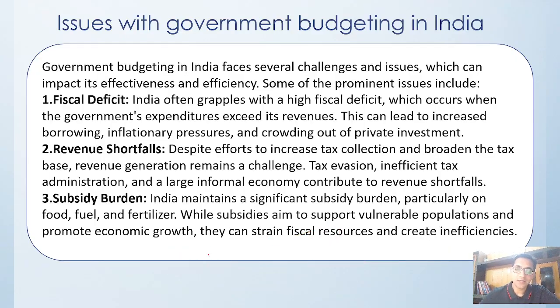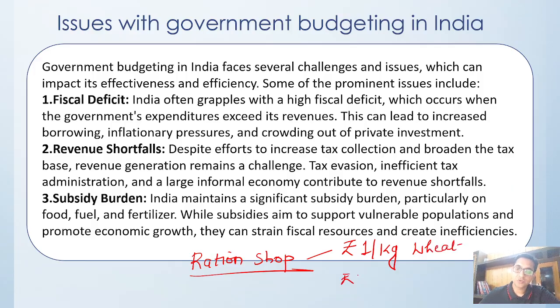If you go to ration shops, you get rupees 1 per kg of wheat, then rupees 2 per kg of rice. But do you know what the market value is? It is above 20 rupees per kg of wheat, or 20 to 30 rupees per kg of rice.